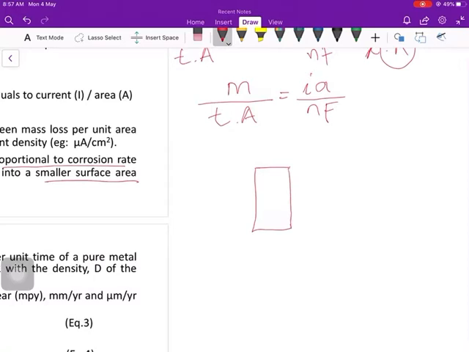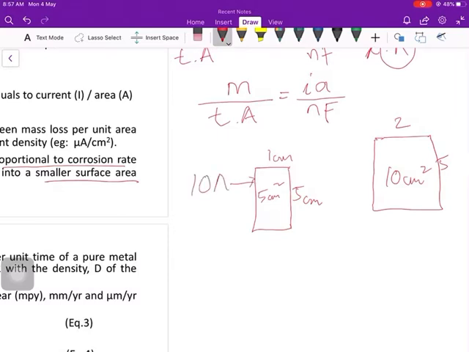Okay, you have two sizes of specimen. One is 1 times 5, let's say 1 cm times 5 cm. Another one is 2 and 5, let's say 2 cm times 5 cm. So the area of this one is 5 cm square, and this is 10 cm square.